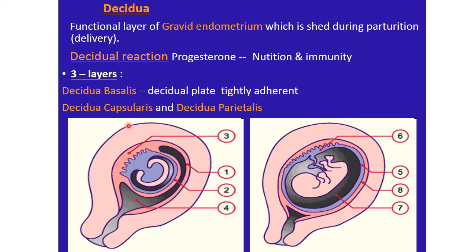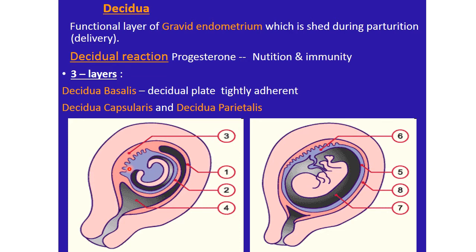We divide the decidua into three parts. The part which is lying deep to the implanting embryo and where the maximum growth of the placenta takes place is called the decidua basalis. This number 3 is the decidua basalis.